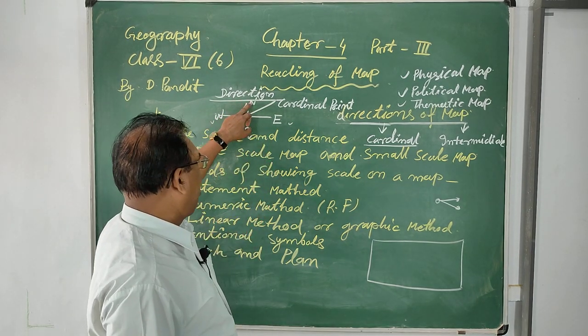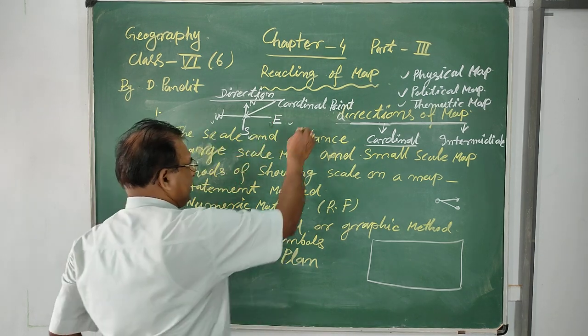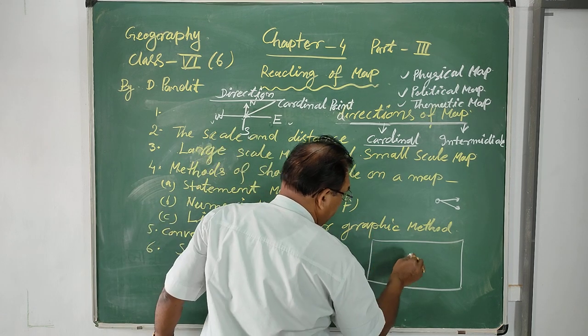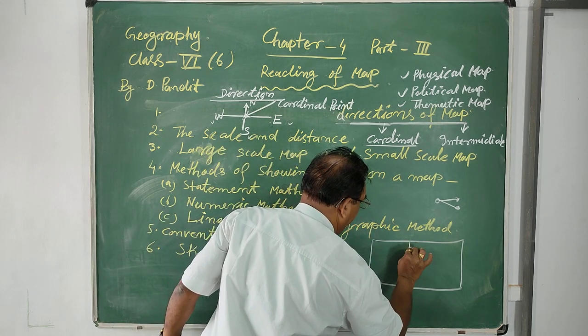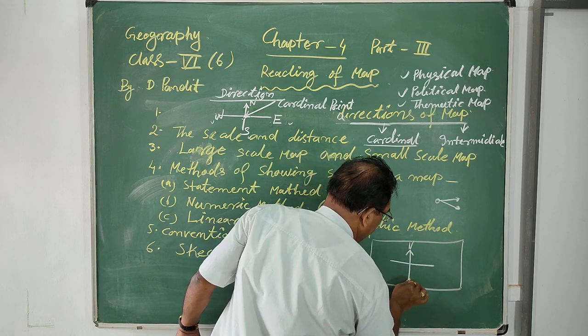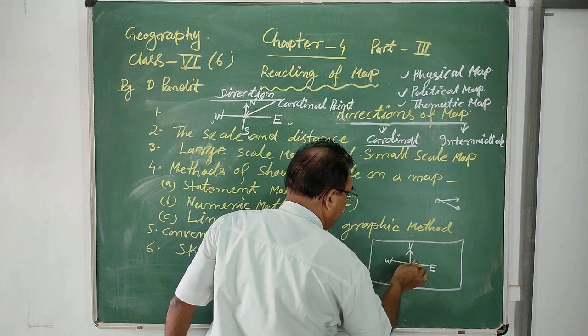But between the north and the east direction, one direction you can also show. Suppose that here, in this figure, this is the north, here is south, here is east, here is west.